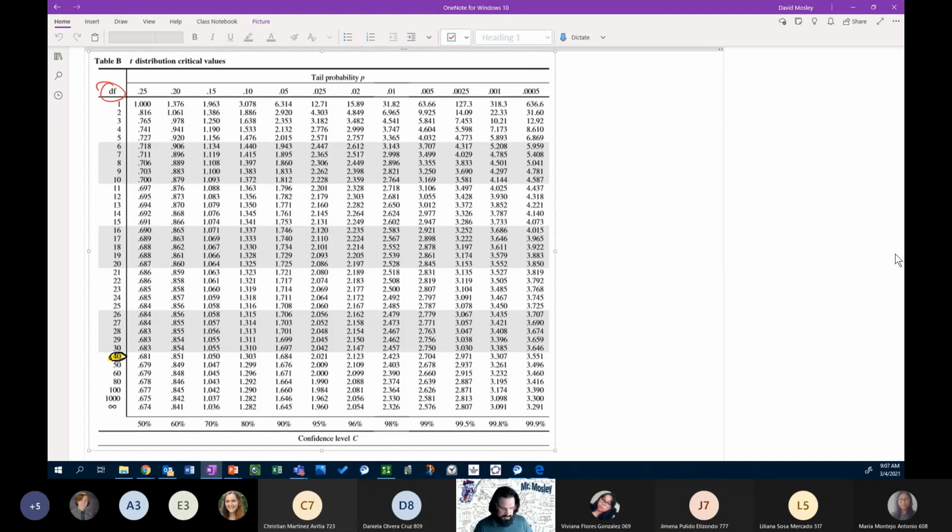So we be cautious and we use that. And then we're doing 99%, so we find that along the bottom here. We'll follow the 40 row across, go up from 99%, and we get 2.704 as our t star value.